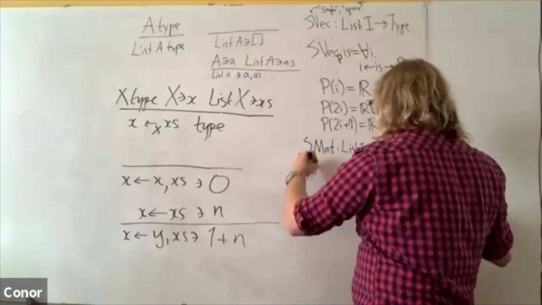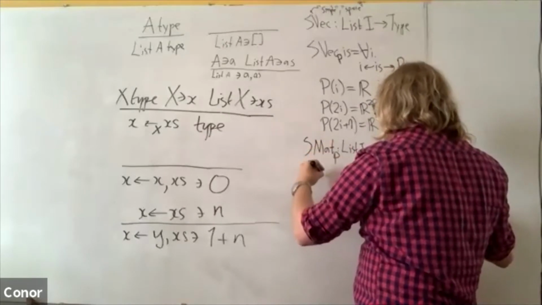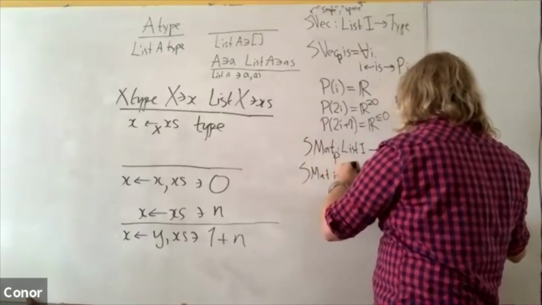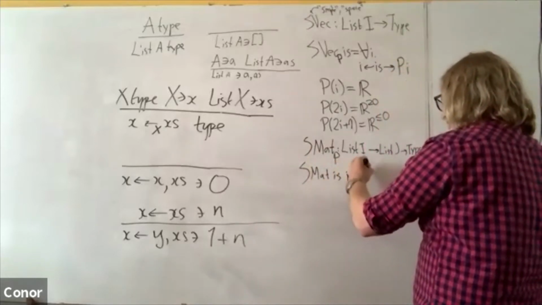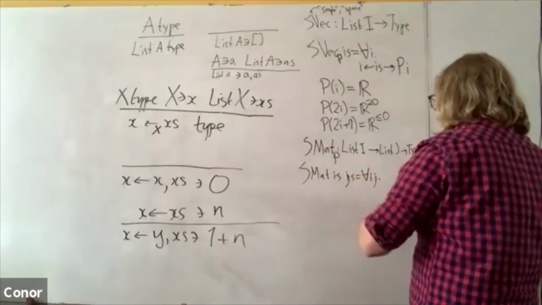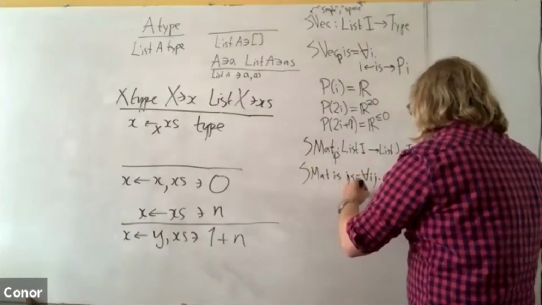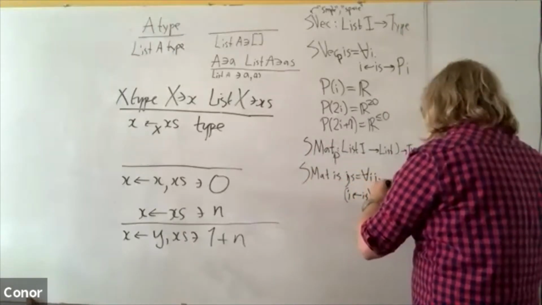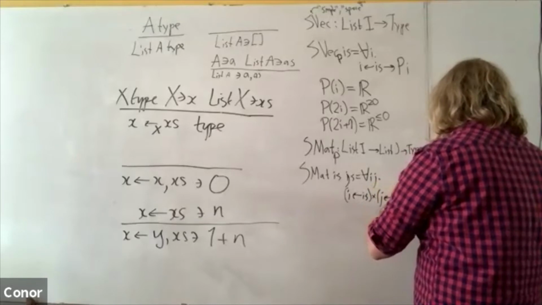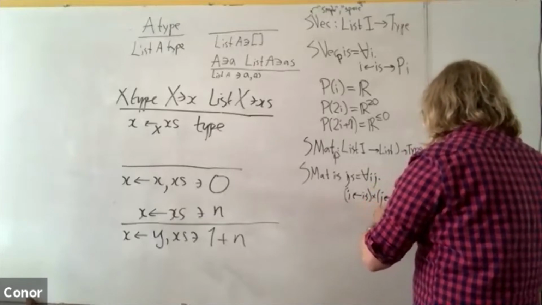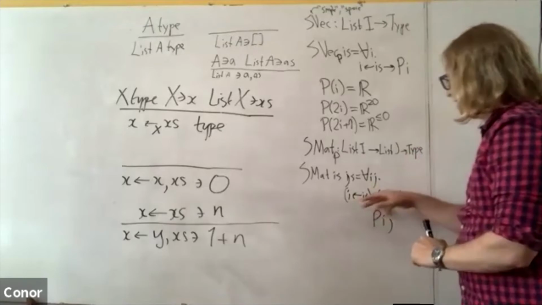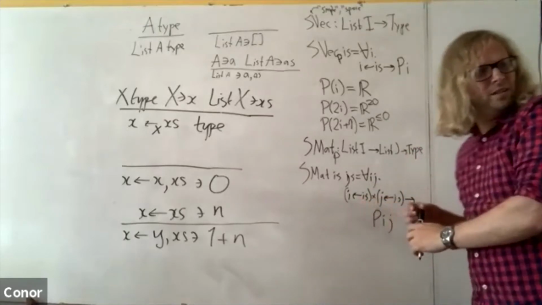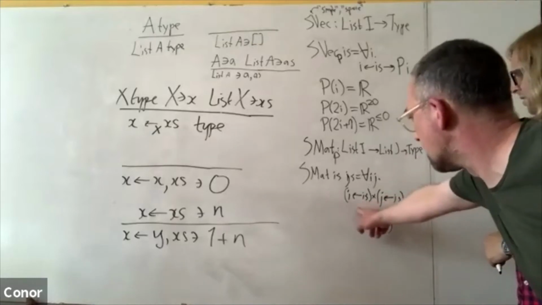And I say that such a matrix for some P, given a list of i's and a list of j's, is something which for every i and j, if I pick i from i's and I pick j from j's, then I have to give something in P of i, j. So it's just like a vector, except that I now have two different coordinates, right? Yes. So it's good to remember that these things are really fancy numbers.